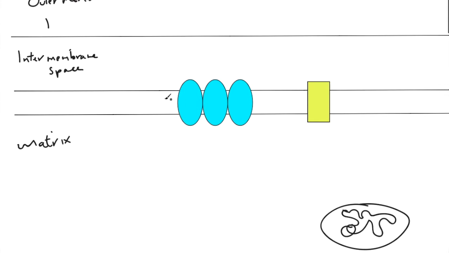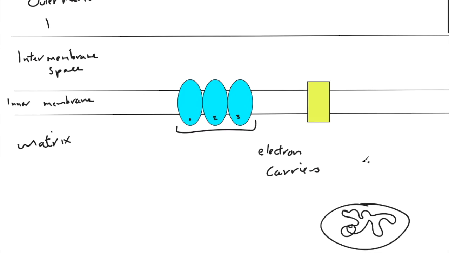These circles here, so this is the inner membrane. Again, this is all in the introductory video to respiration. What we have here are electron carriers. So it's number 1, number 2, number 3, and these form an electron transport chain, which means you get electrons moving across, and as they move across, they lose energy.